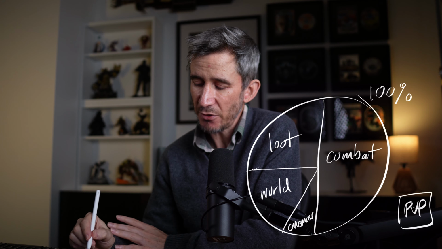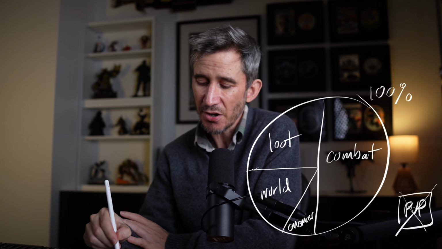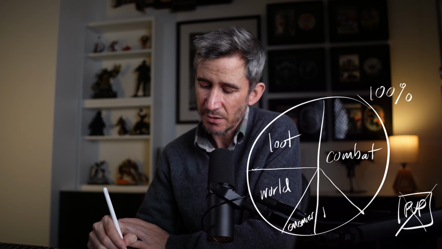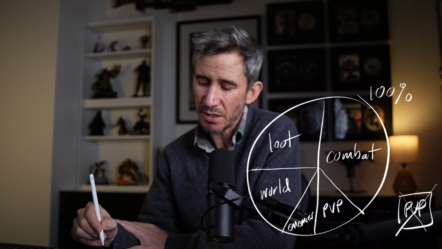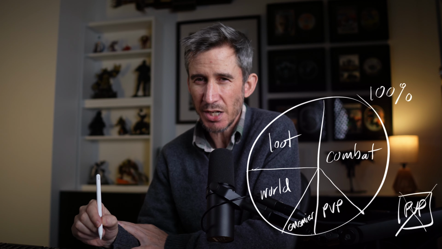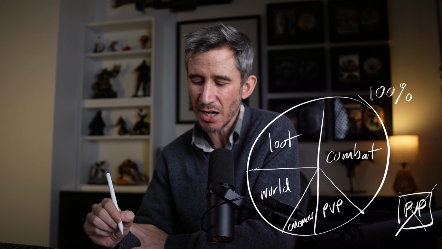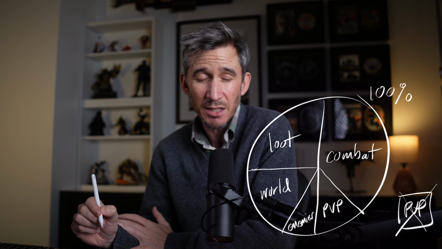So instead of putting PvP over here, it has to go in the pie somewhere. So let's put it here because we think it's worth it, but that means that we're taking away from combat. Is that worth it? Is that actually something that we want to do? Do we want to cut into the time that we have to spend on combat in order to put PvP into the game?